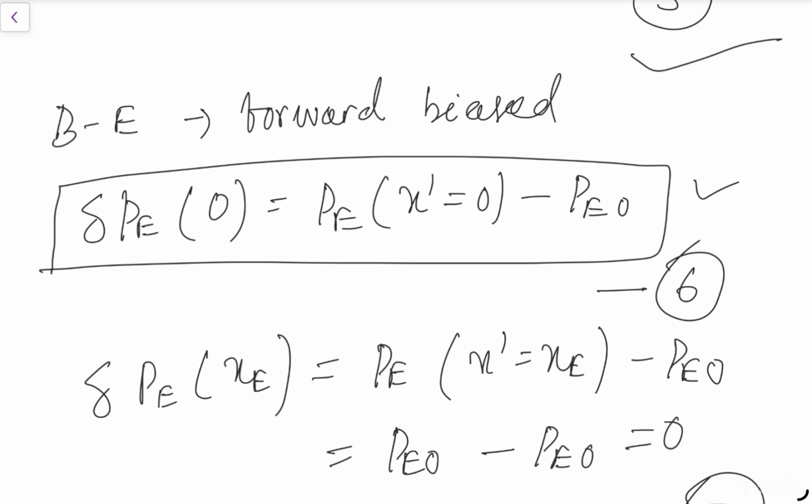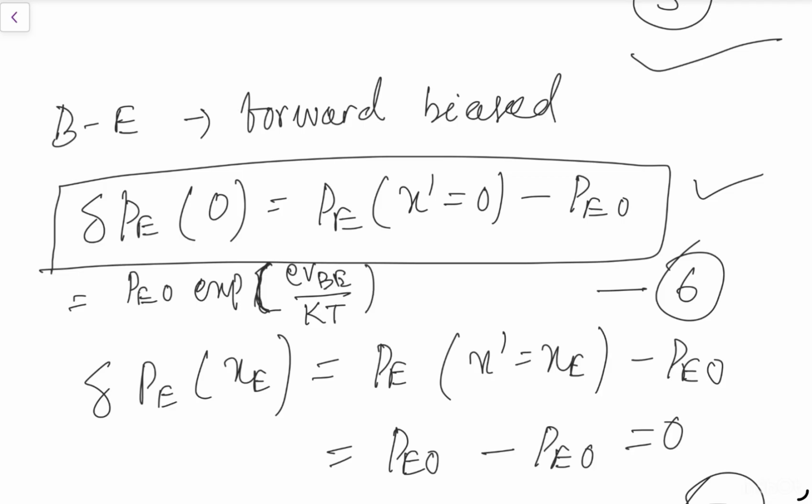This equation, I will just rewrite it because I need to use the equation at x' equals 0, which is PE0 times exponential of eVBE divided by kT. This is the ideal diode equation that we got, right?